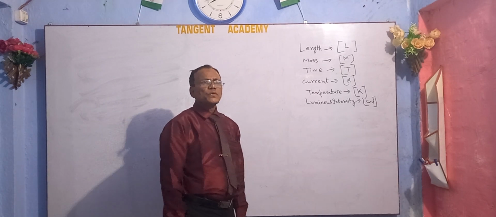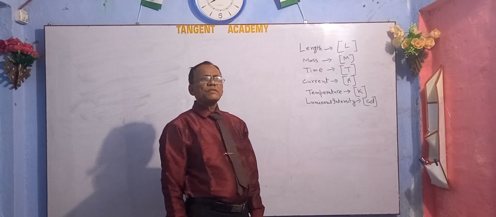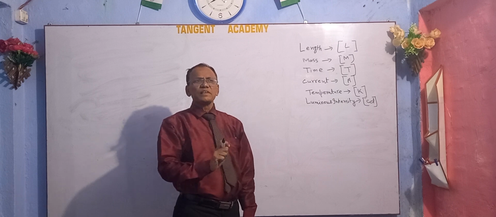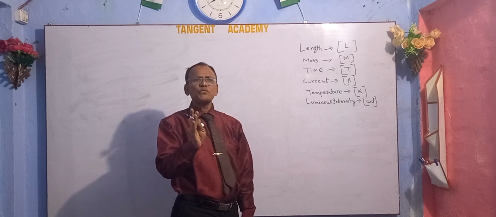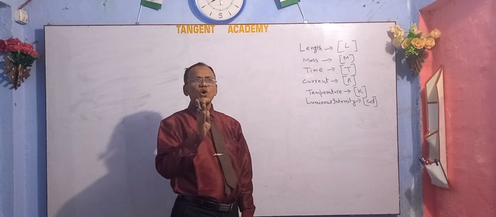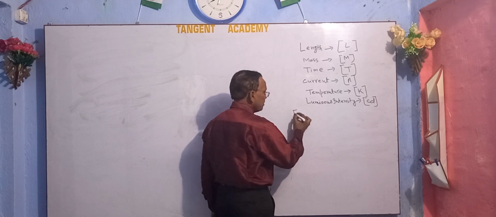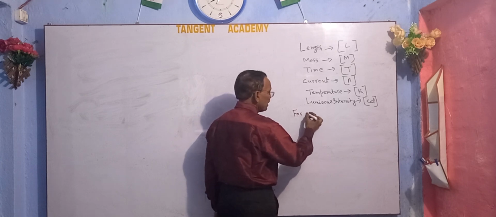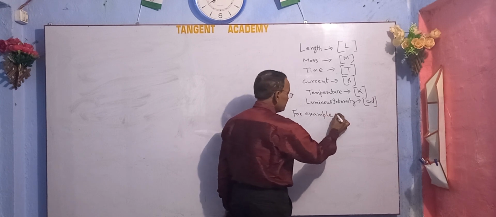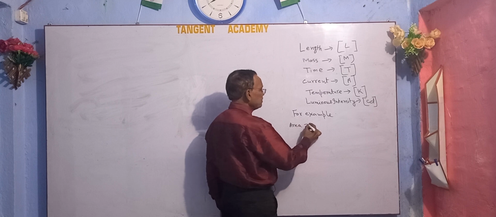Now, we say that in mechanics, all the physical quantities can be written in terms of base quantities, either L or M or T. For example, area. What do you mean?